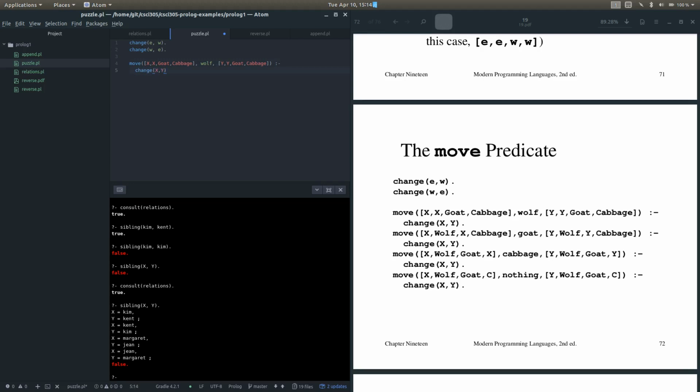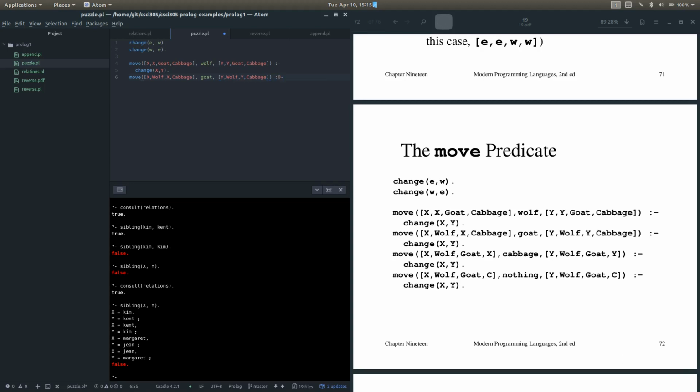Right? Because basically this first one is saying that we're going to just leave goat and cabbage alone, and we're moving the wolf and the man to the other side. And then we have move X, wolf, X, cabbage, and then we're moving the goat, and Y, wolf, Y, cabbage, right?